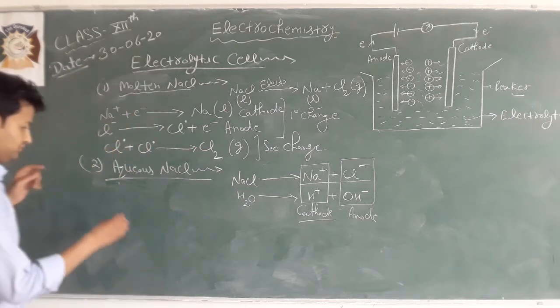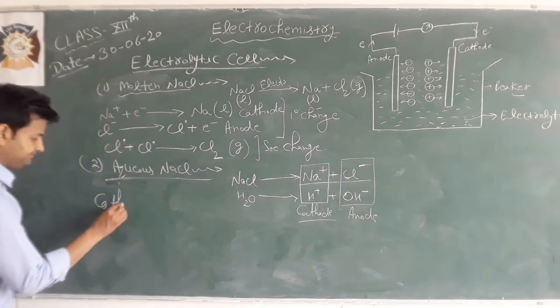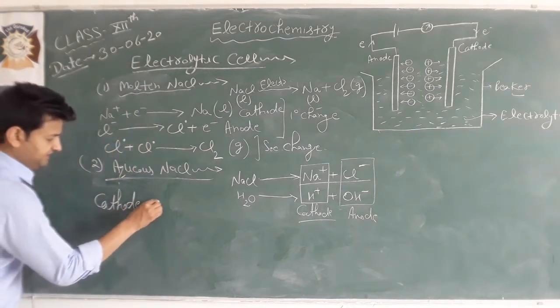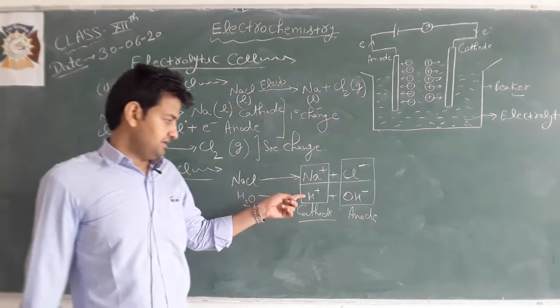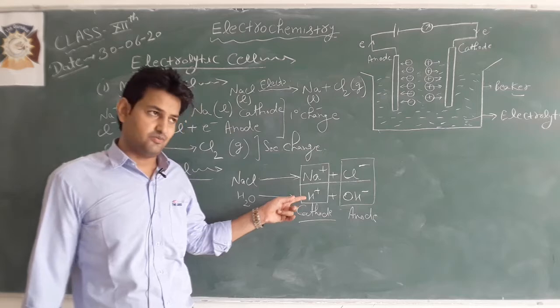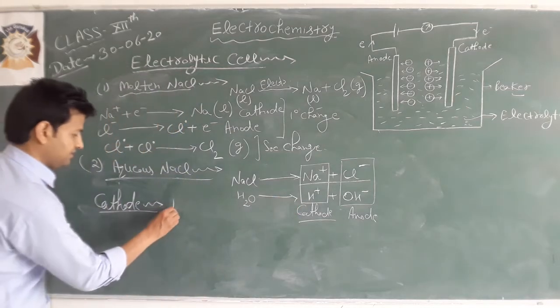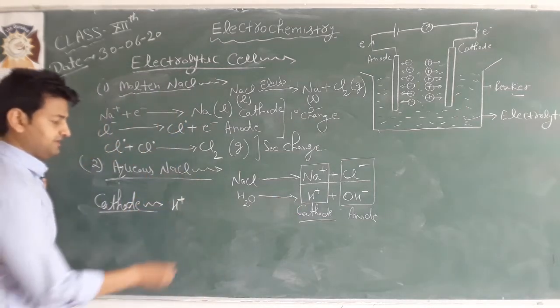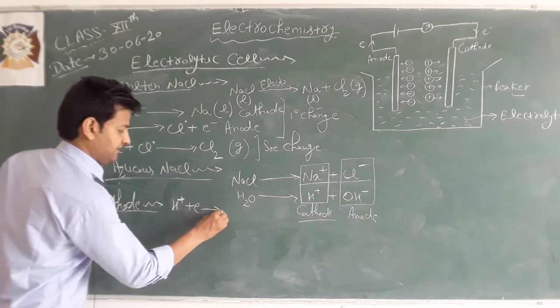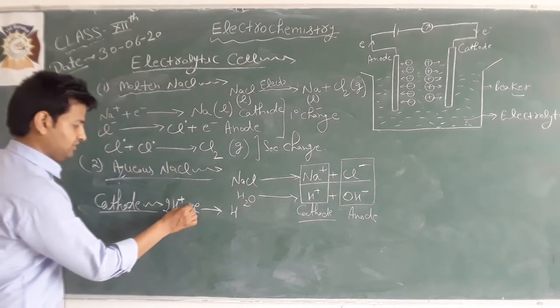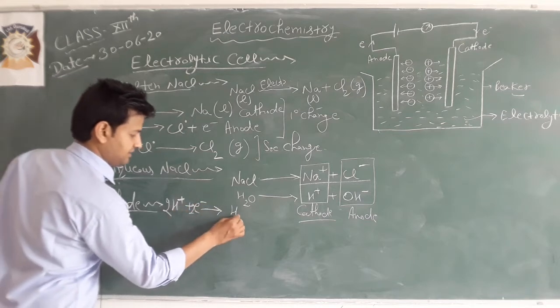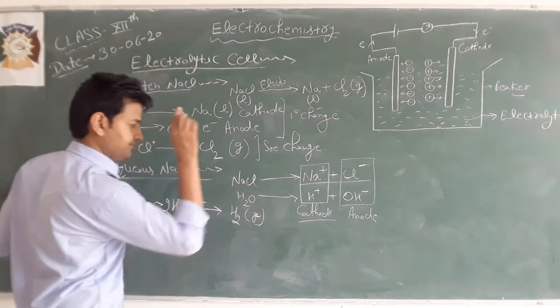So at the cathode, what happens? Hydrogen ion has lesser reduction potential, so it will undergo reduction. It accepts an electron and converts into hydrogen. Two ions with two electrons will convert into H2.